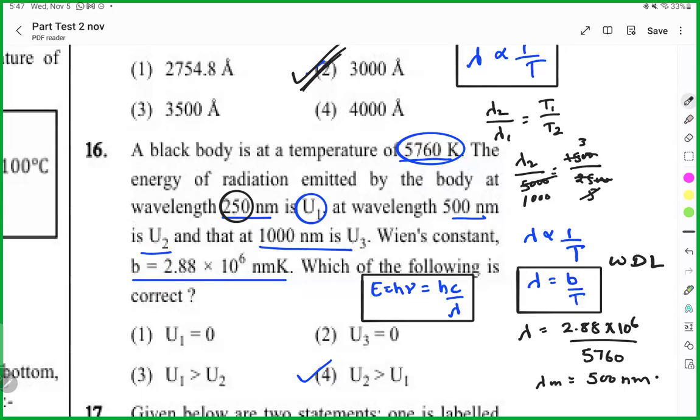What is the relation of wavelength and energy? In this case, you have three wavelengths: 250 is U1, wavelength 500 is U2, and 1000 is U3. Which of the following is correct?